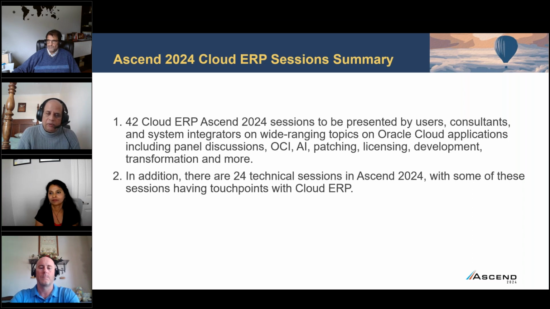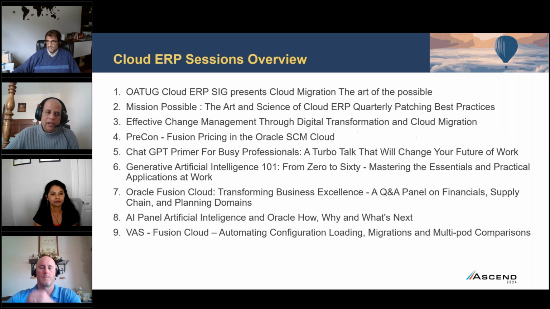There are also 24 technical sessions in Ascend 2024. Some of these sessions have touch points with Cloud ERP. So you may want to take a look at the sessions which are already published on the OATUG Ascend site, and then you can start planning your key sessions which you would like to attend.